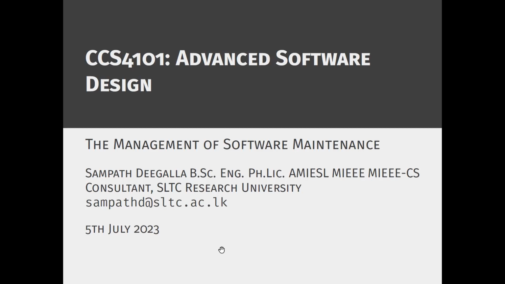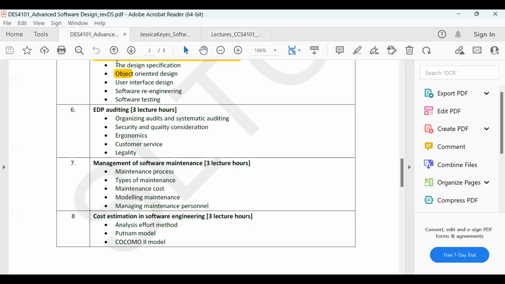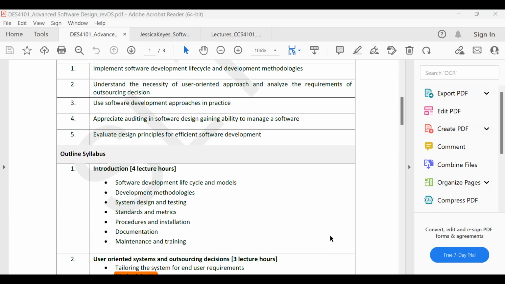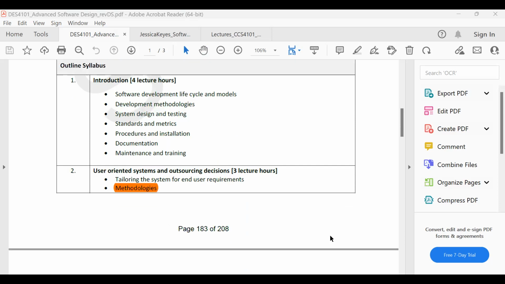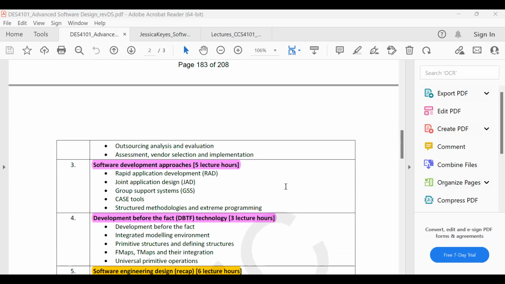Since we have covered this, let me go back to what we have covered so far in the syllabus. We talked about the software development life cycle as the first topic. Second, we discussed user-oriented systems and outsourcing decisions.